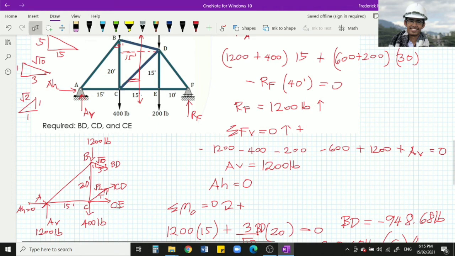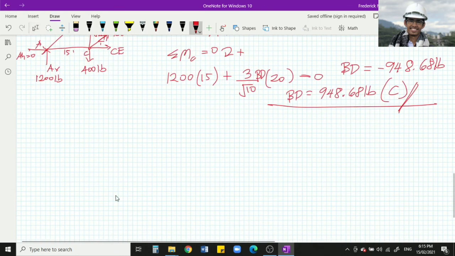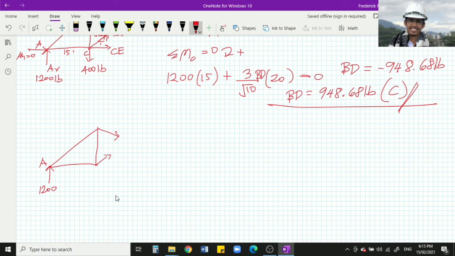Okay? So, kung in-isolate natin yan, so i-drawing lang ulit natin itong thrust natin. So, ito yung A natin. So, that will be 1,200. So, ito yung CE natin, no?